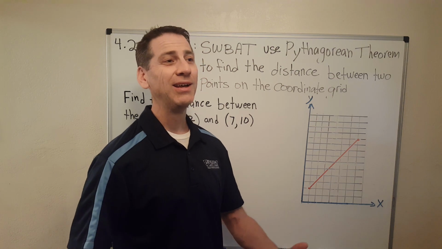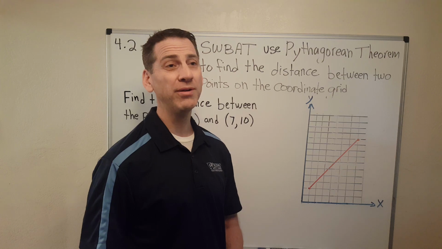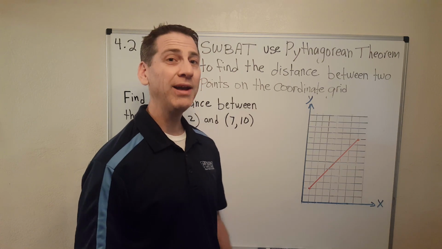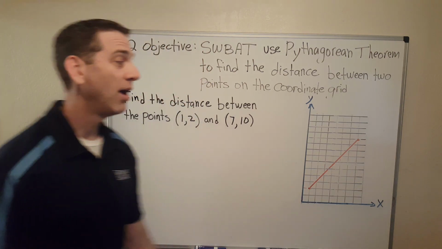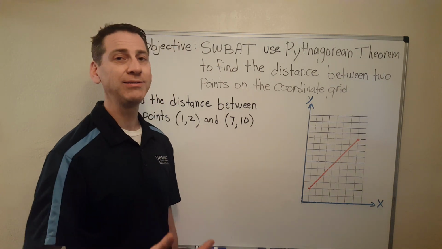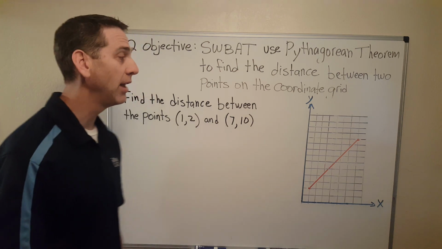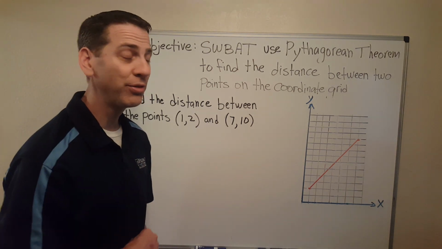We need to know how to use the Pythagorean Theorem to find this length. Really, what we're going to be doing is developing the distance formula in order to find the length of a line, but we're going to do it using the Pythagorean Theorem.